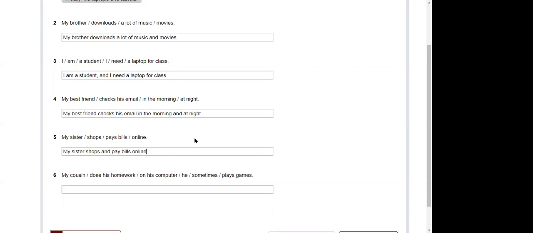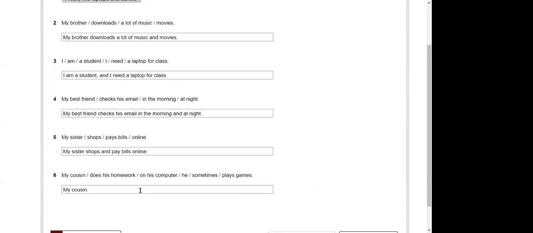My cousin, a ver, déjame ver, porque está larga. My cousin is on his computer sometimes. Okay.